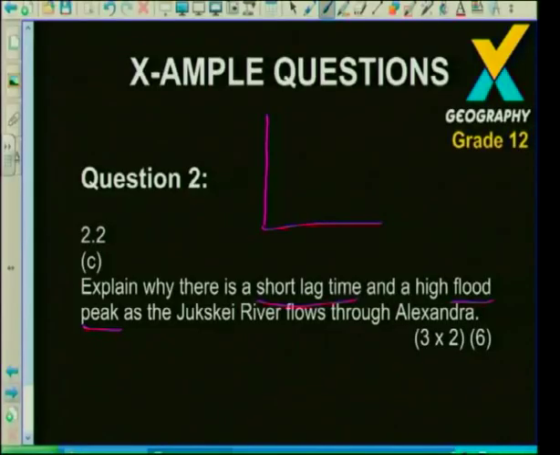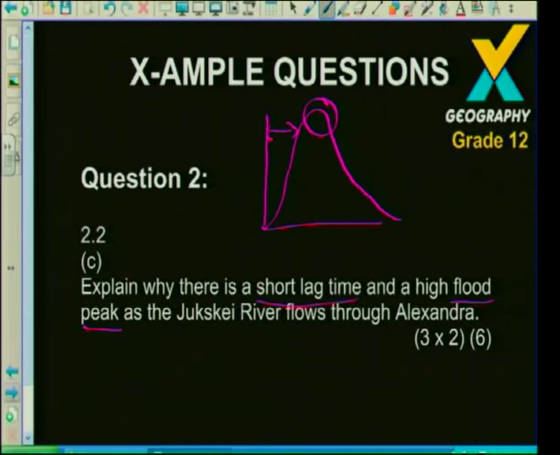So for example, if I were to draw a quick little sketch here, remember this would be a hydrograph that shows the runoff in a river after rain, and we see that there's the flood peak, and there is basically the lag time from when it rains to where that river reaches its flood peak.